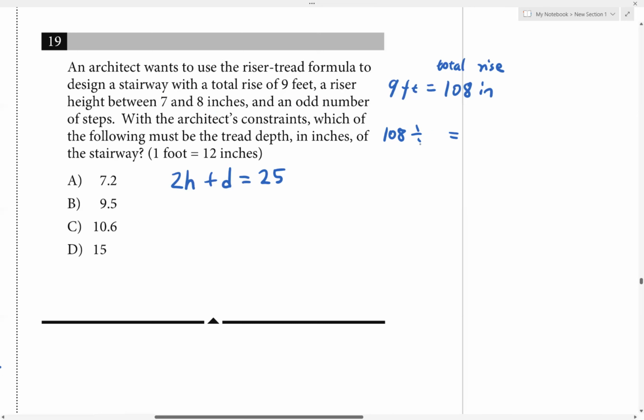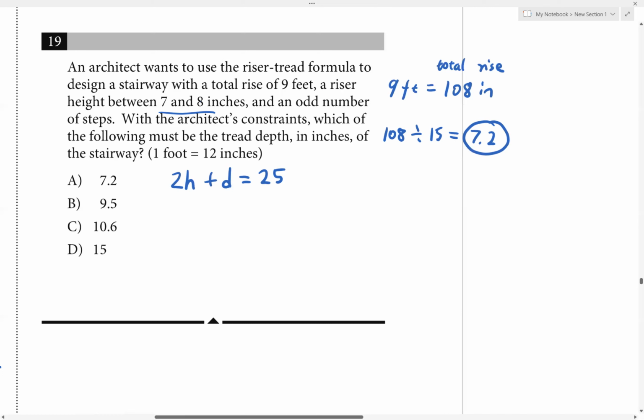The next bigger odd number is 13. 108 divided by 13 gets 8.3-ish, which is just a little outside the range. So let's try 15. If you have 15 steps, 108 divided by 15 is 7.2.